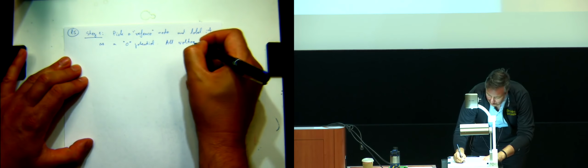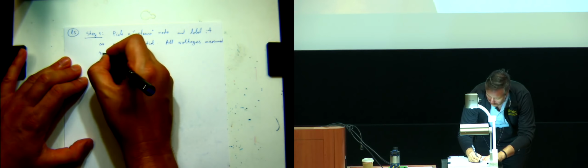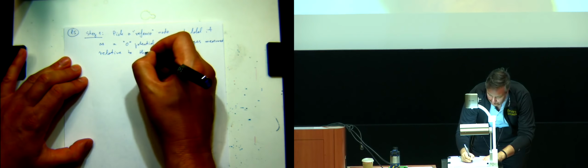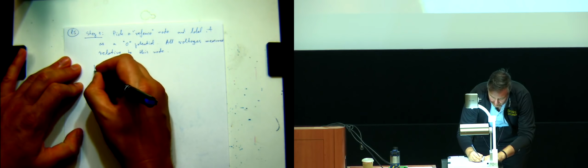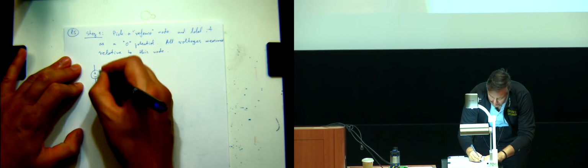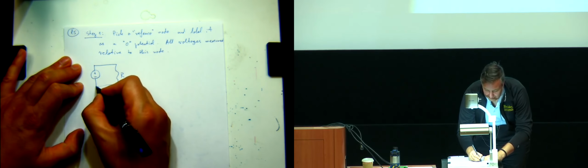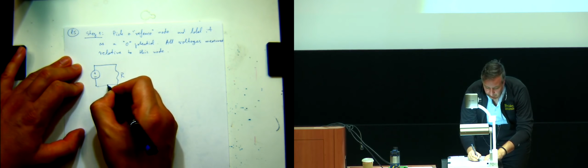Then all voltages are measured relative to this node. What that means, graphically, is this. We'll pick, let's say, the bottom node, and we'll label it 0.